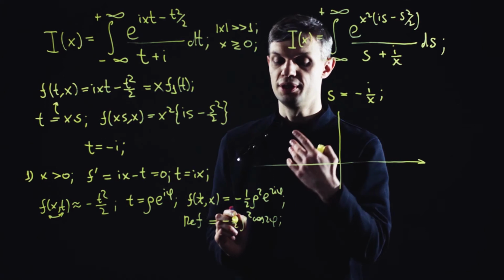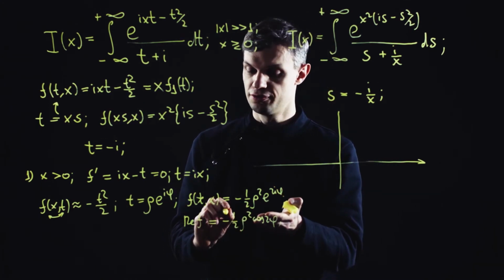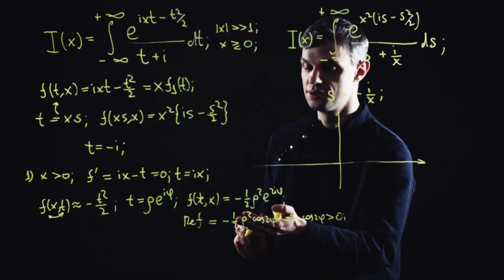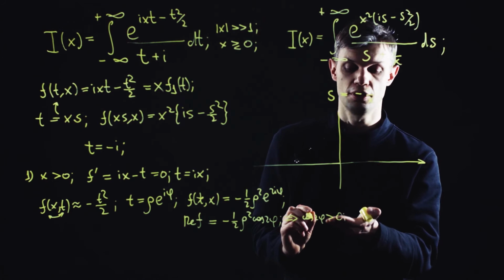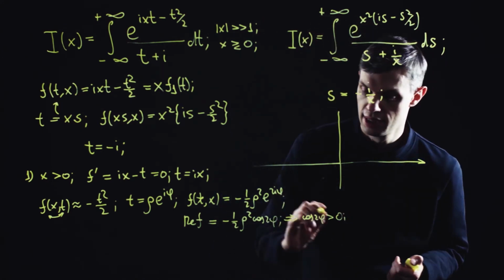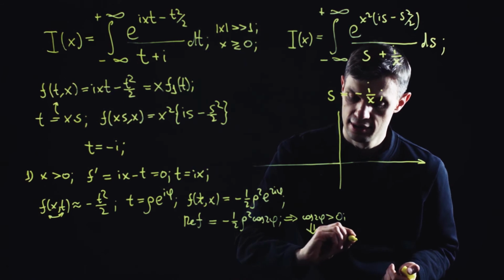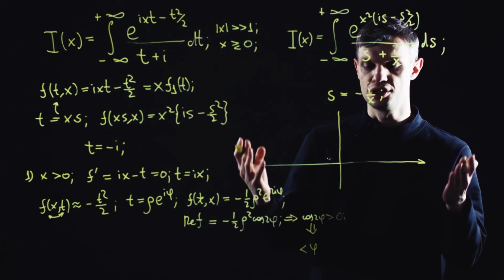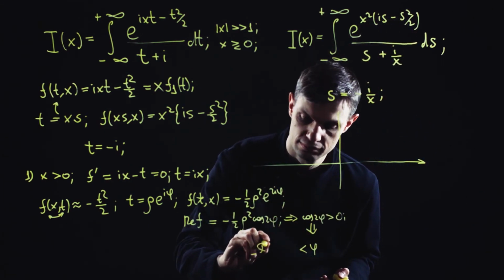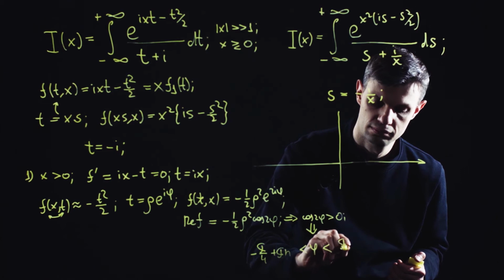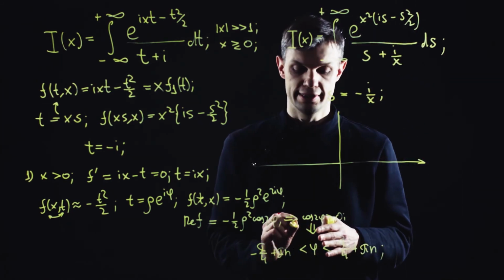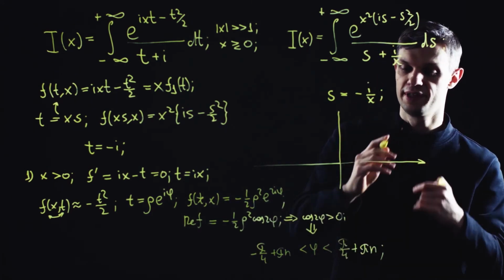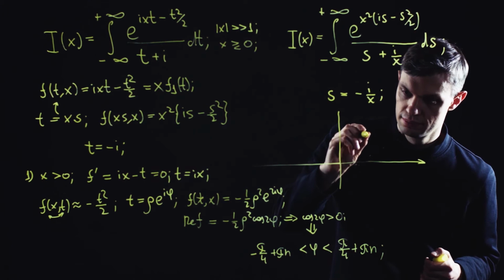The real part should be large and negative, meaning that the cosine of 2 phi should be positive, since rho is large. So we can solve this elementary trigonometric inequality. The solution gives corner-like regions in the complex plane. And these corner-like regions are spanned by a pi/4 angle in positive and negative directions. So here they are.